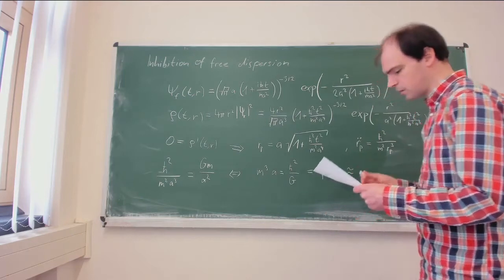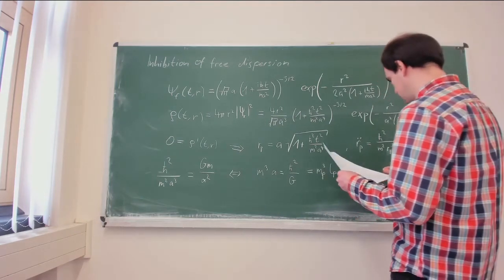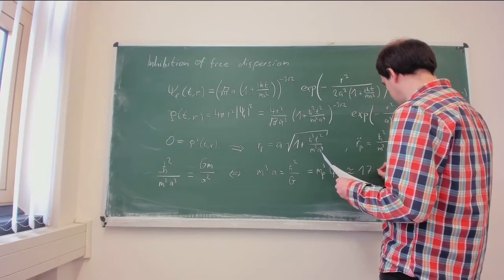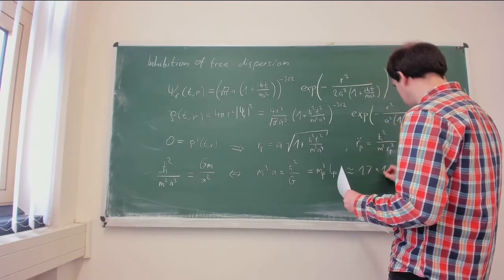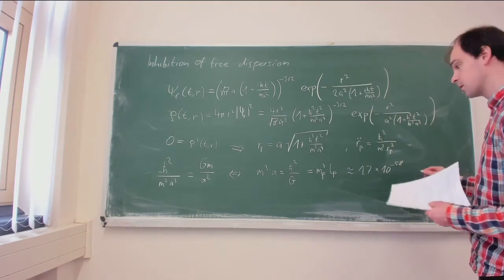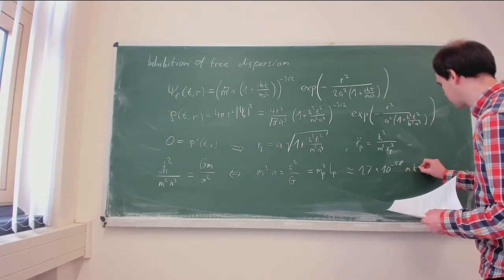And we can give a numerical expression for this. So this is 1.7 times 10 to the minus 58 meters kilogram cubed.